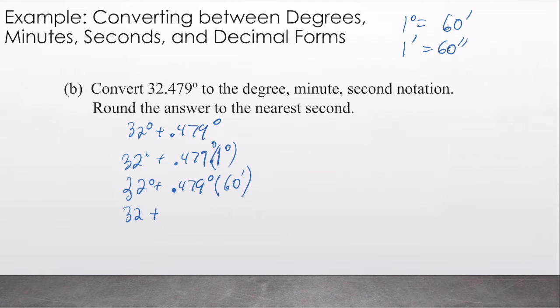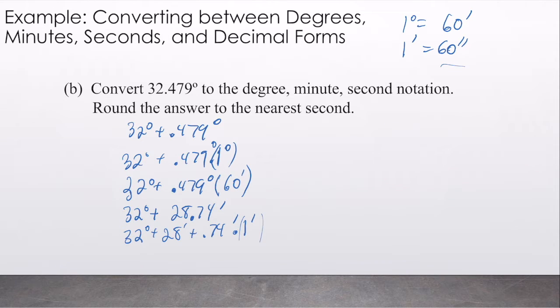So then I have 28.74 minutes, right? But we can only have whole minutes. So now I have 32 degrees plus 28 minutes plus 0.74 minutes. Well, remember that 1 minute is 60 seconds. So we could substitute in 60 seconds.